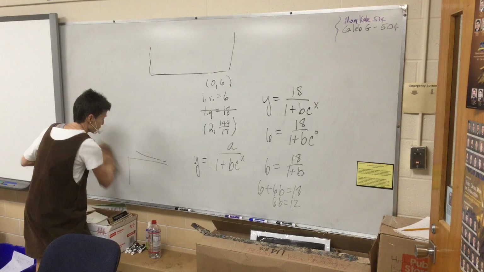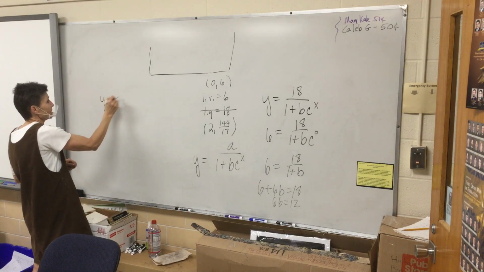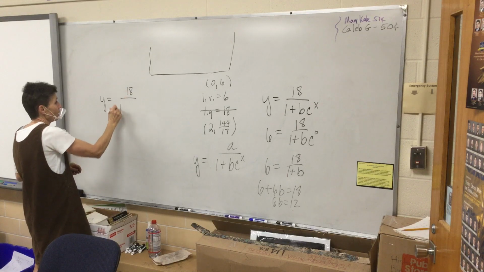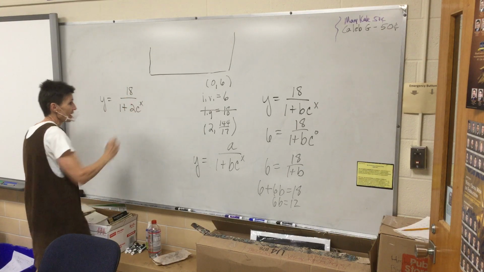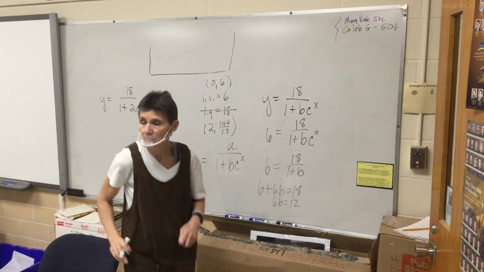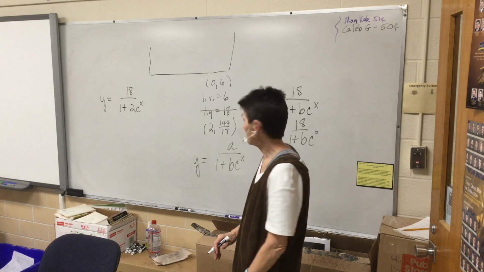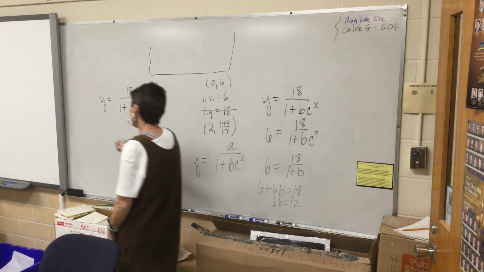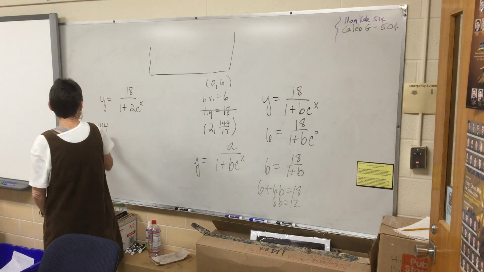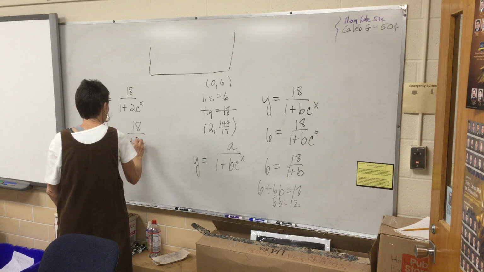So now my equation, doing it one step at a time, looks like y equals 18 over 1 plus 2c to the x. And now's where the fun begins, because now we get to plug that in, right? So here we go, 144/17 equals 18 over 1 plus 2c squared.